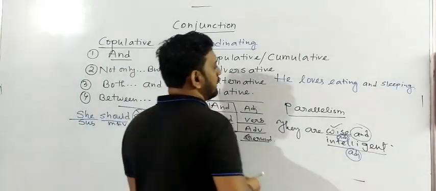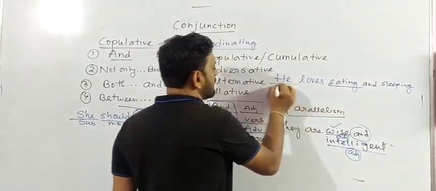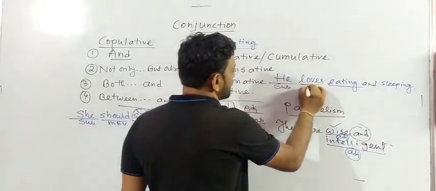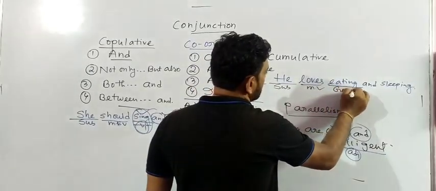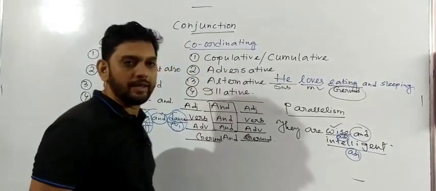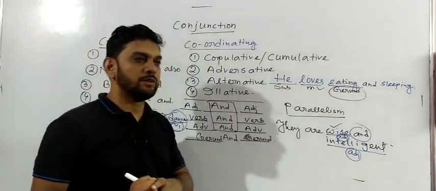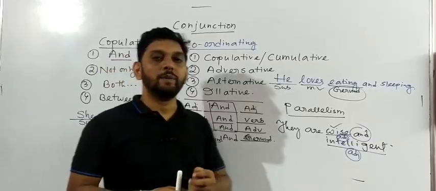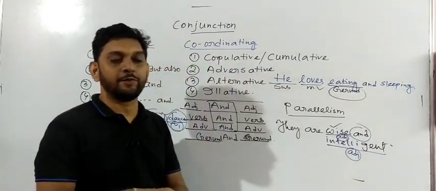Now see, he loves eating and sleeping. Now what I have written here: he is the subject, loves is the main verb, and eating is a gerund. What? Gerund. And why did I use a gerund here after loves? Because of some reason, and this reason will be discussed next time when I discuss the gerund and infinitive.